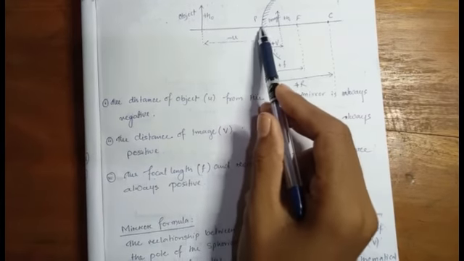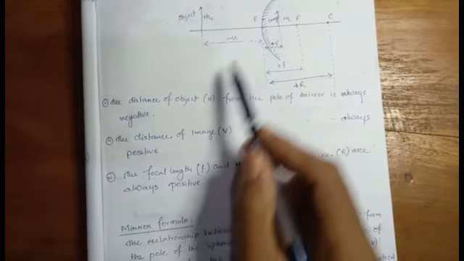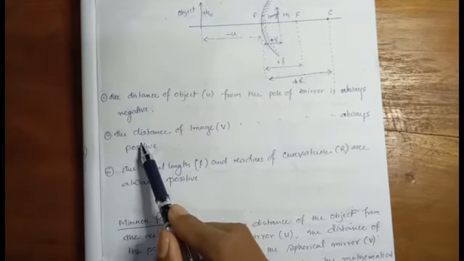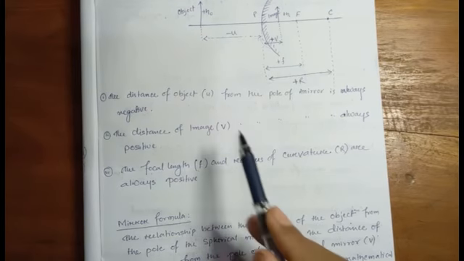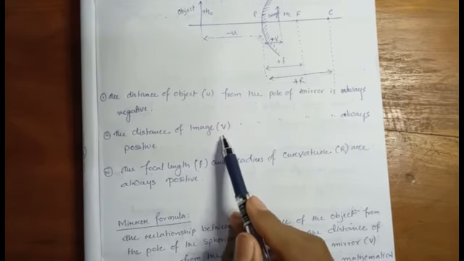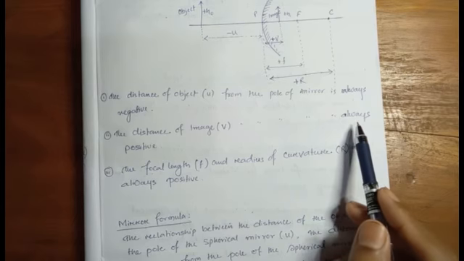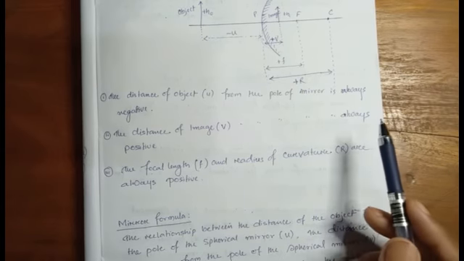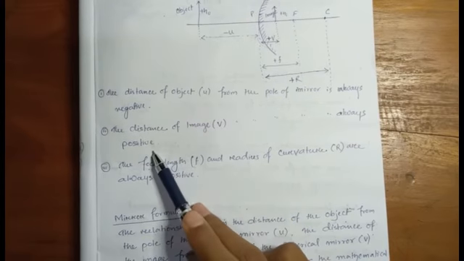Because the object is always in the left of the pole, that is in front of the mirror. Number 2, the distance of the image from the pole of the mirror is always positive. As you know, in case of convex mirror, the image is always virtual, so the virtual images are always formed behind the mirror, that is in the right of the pole. Therefore the distance of the image is always positive.